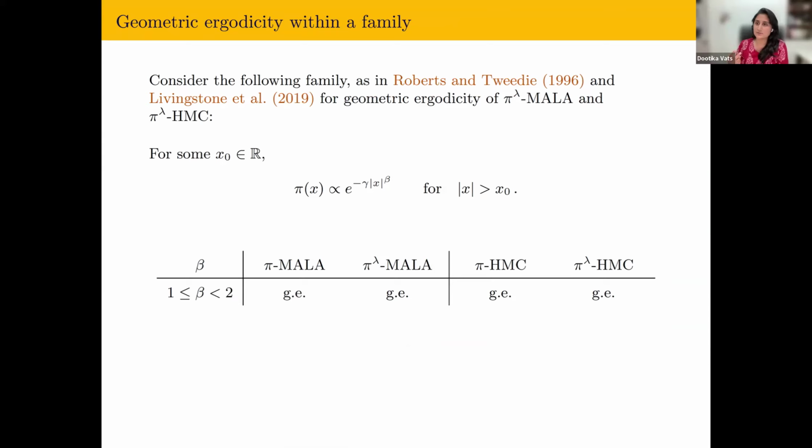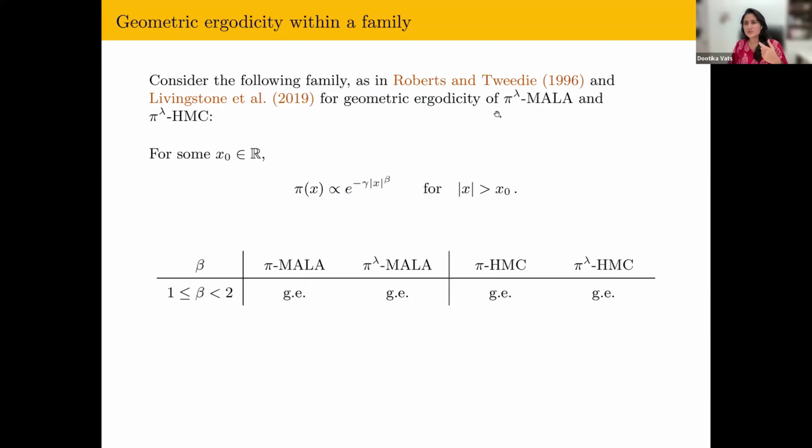And so these are the two algorithms we focus on, except we run MALA for pi lambda, and we run HMC for pi lambda. But pi lambda, we know, takes a specific form in the sense that it is a Moreau-Yosida constructed density approximation.